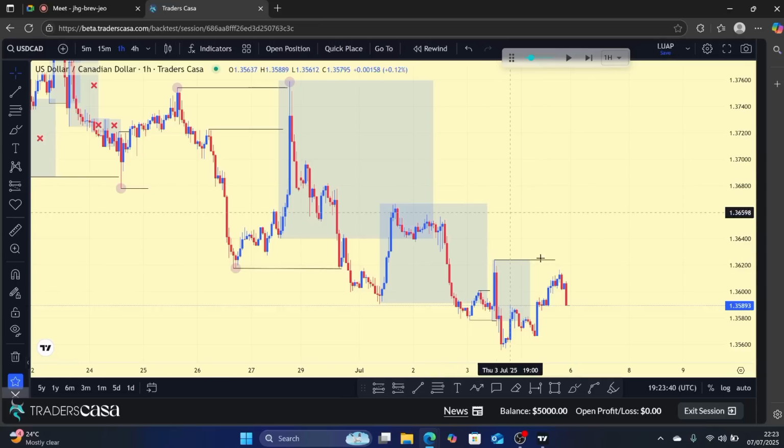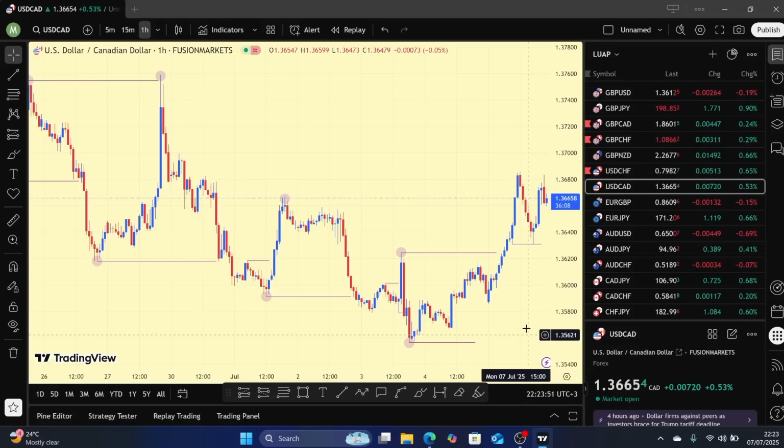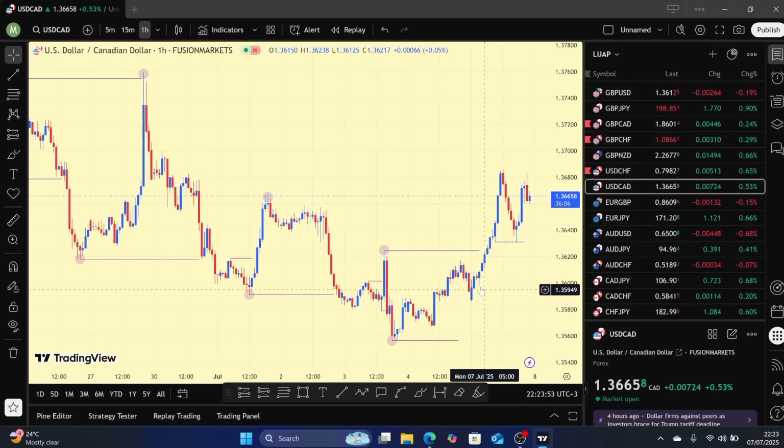All right, anyway, let's say this one here is the major inducement. In that case, of course, you can see all the order flows are mitigated. And in fact, on the price action, price took out this high. You can see price took out this high. So is this now a change of character or a major inducement?